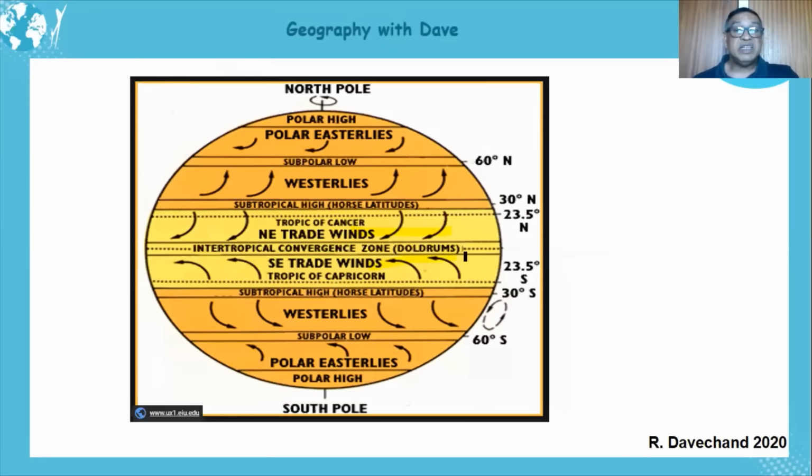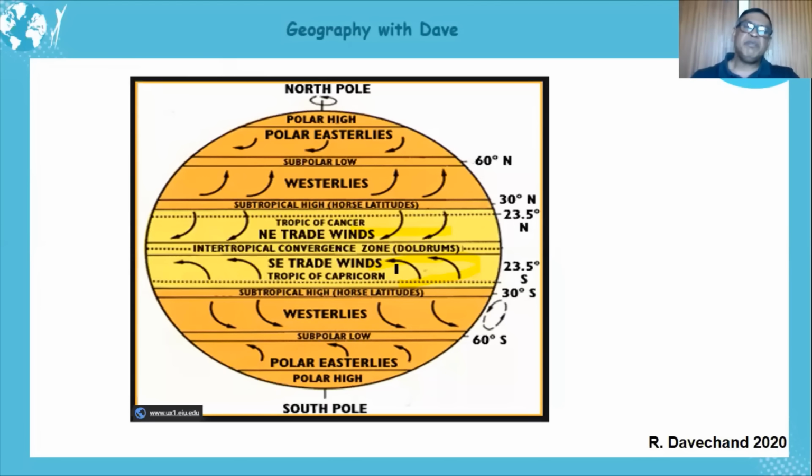So it's associated with the easterly trade winds that take place here. But we mentioned not within 5 degrees north and south of the ITCZ or equator. Why is that? Because the Coriolis force is absent in those areas on the equator.